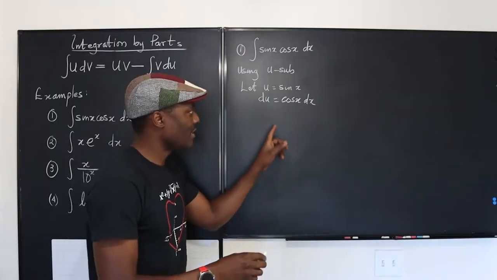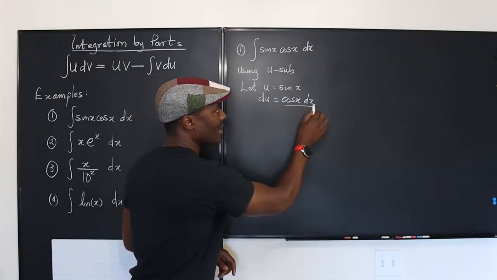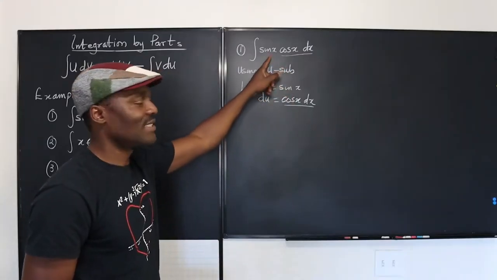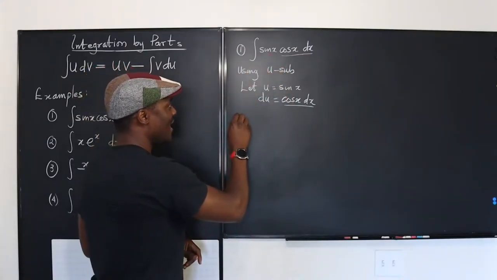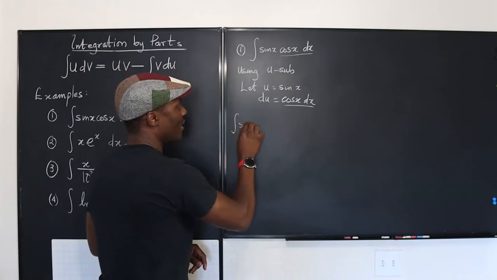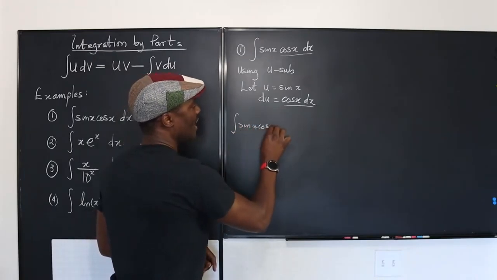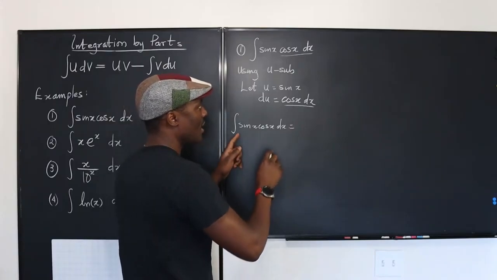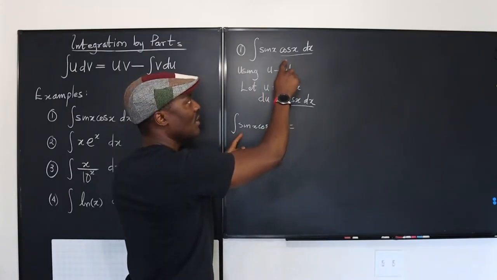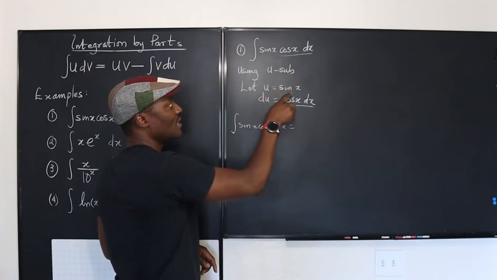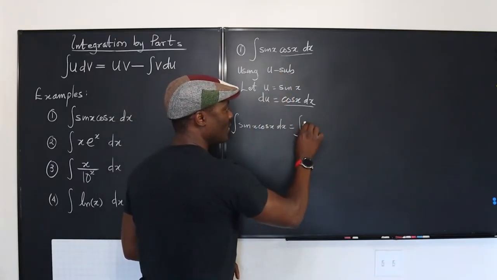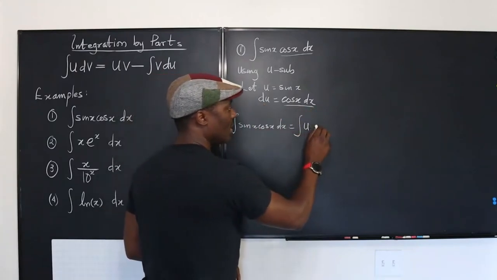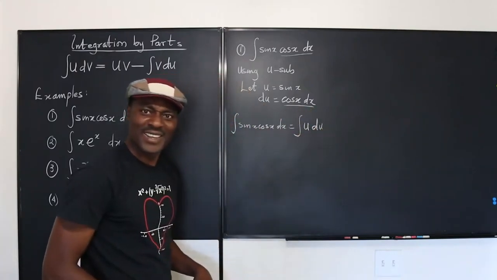But what you notice is that cosine x dx is right here. So I can actually rewrite this expression and say that the integral of sine x cosine x dx is equal to, when I do my u substitution, remember I said u is sine x, the integral of u, and then what is cosine x dx? Well, that's du.